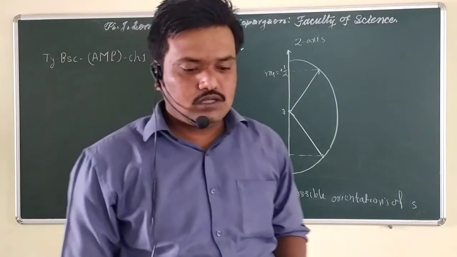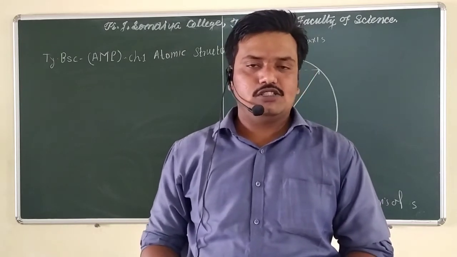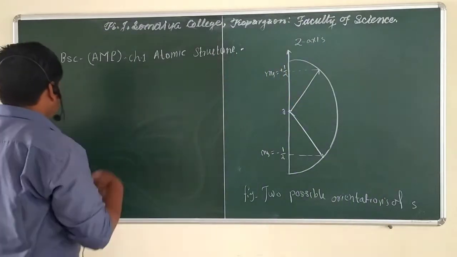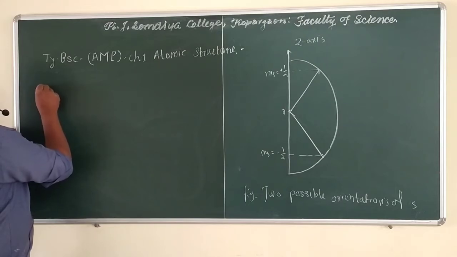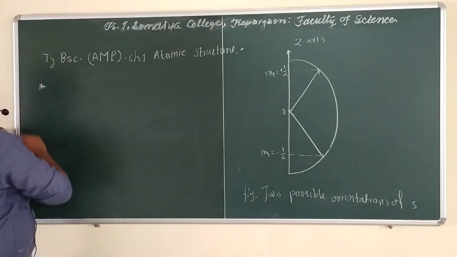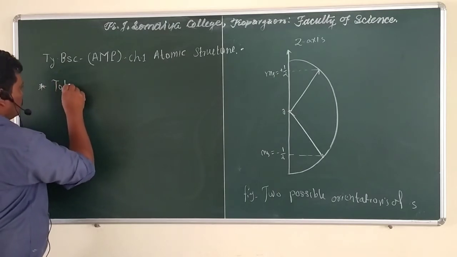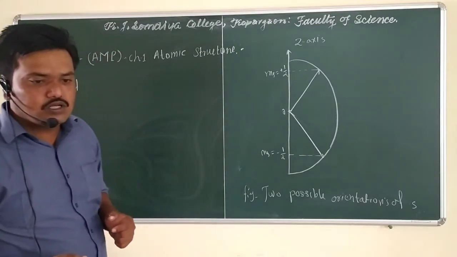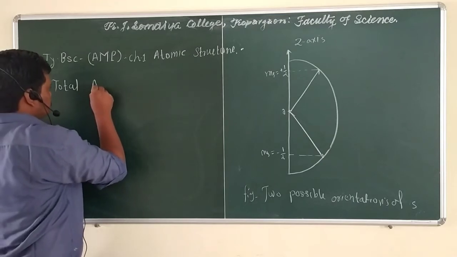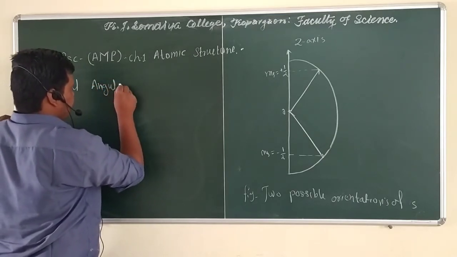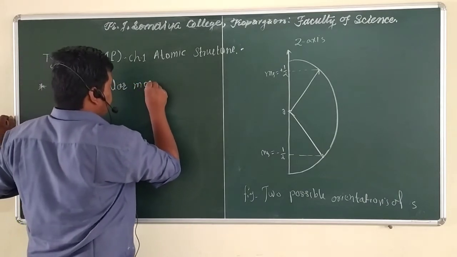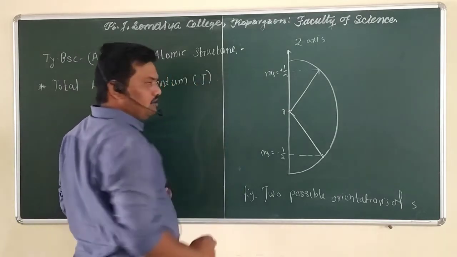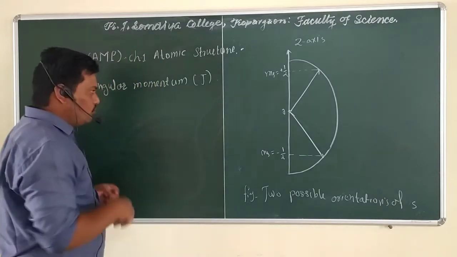The total angular momentum of an electron is the vector sum of the orbital angular momentum and the spin angular momentum, and it is denoted by capital J.